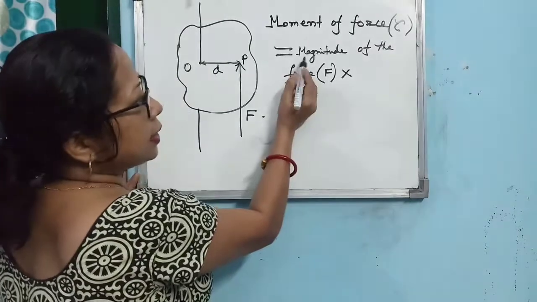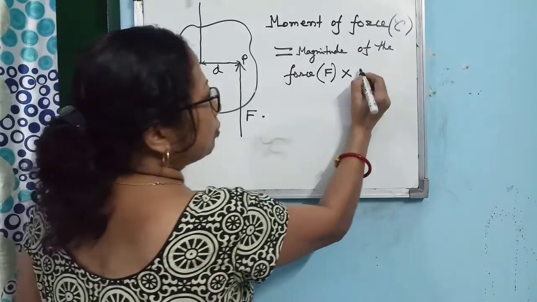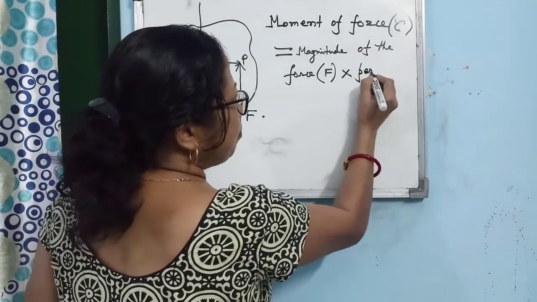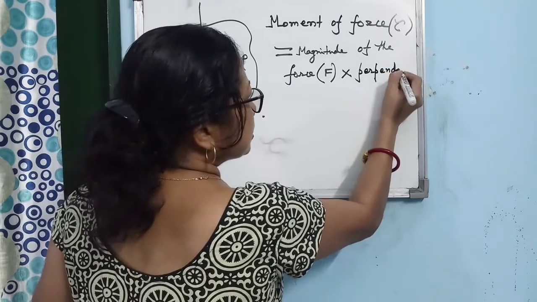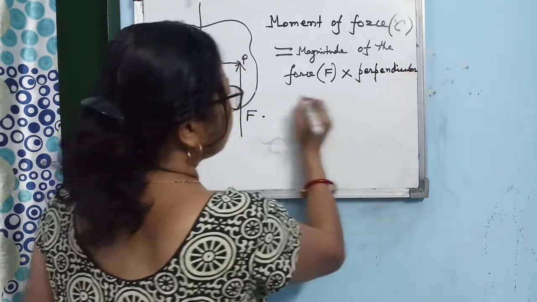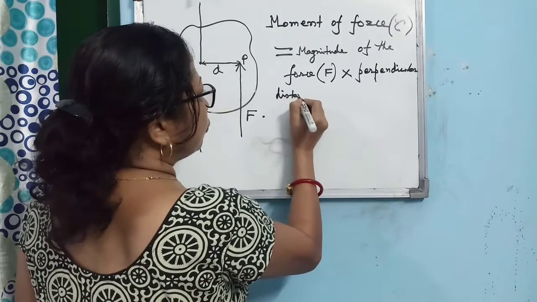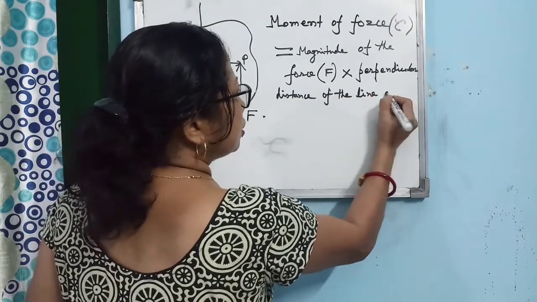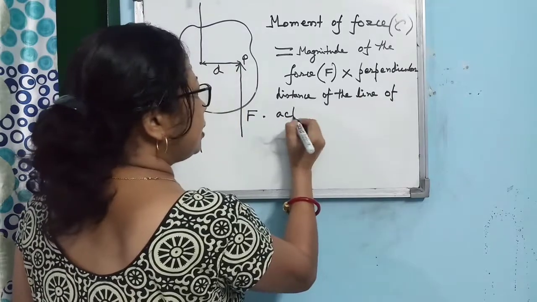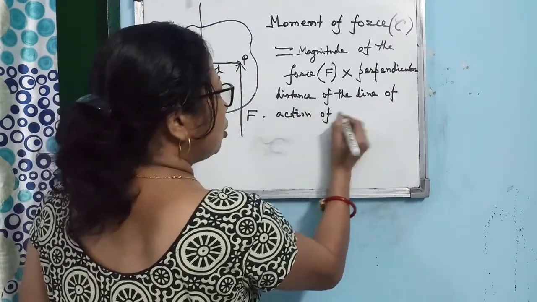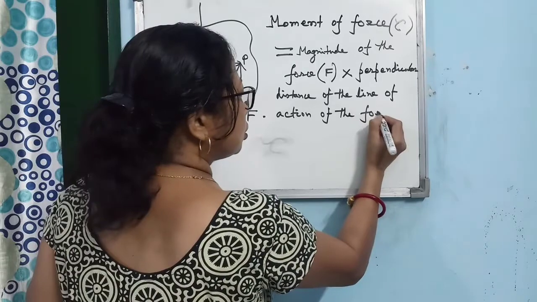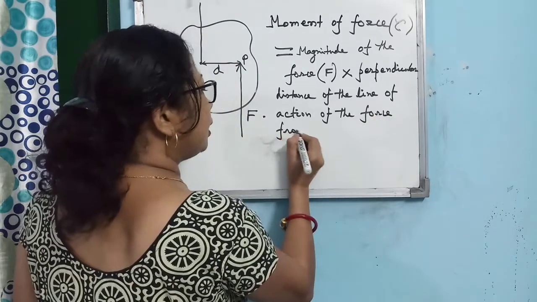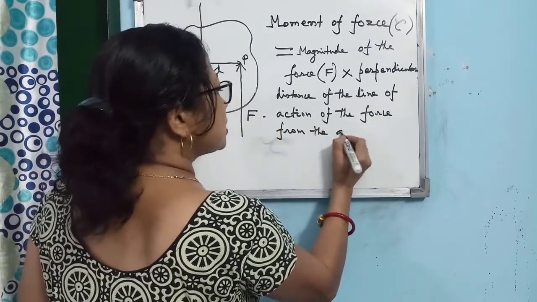As I said, it is the product of the magnitude of the force and the perpendicular distance of the line of action of the force from the axis of rotation.